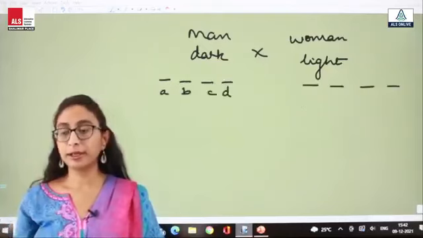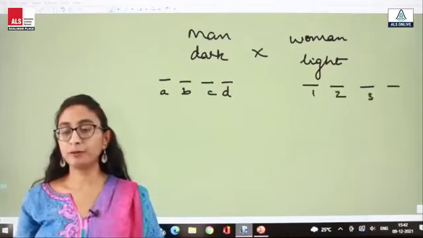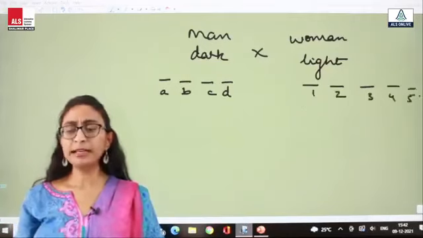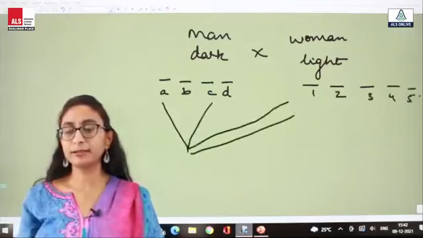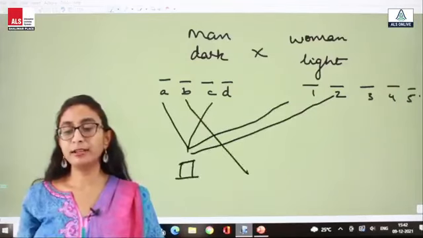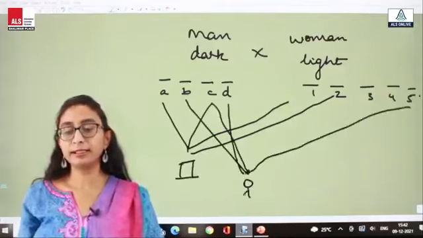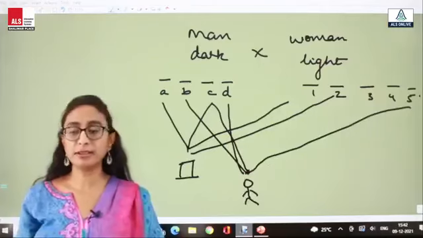And here let's take it as 1, 2, 3, 4, 5. Say in the first child these genes might come together to form the skin color, so this child will have one skin color. In another child these different genes might come together to form the skin color, so that child will have another different skin color.